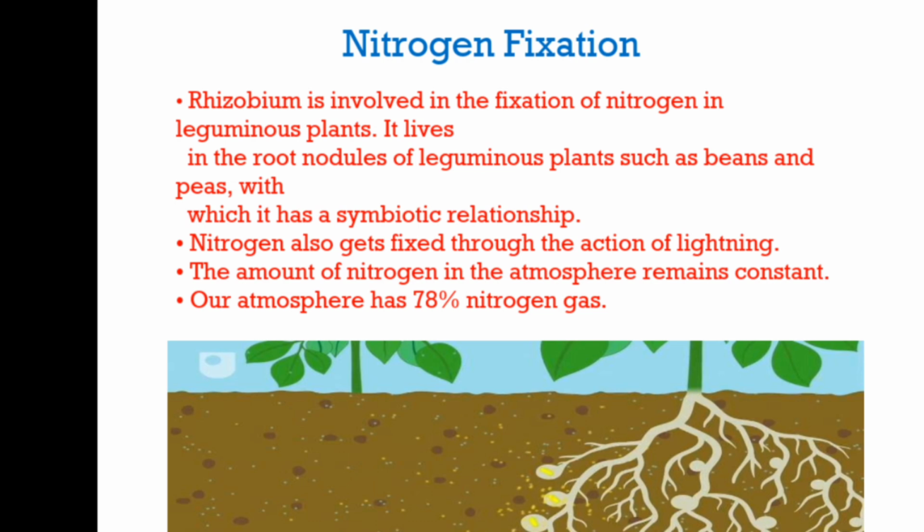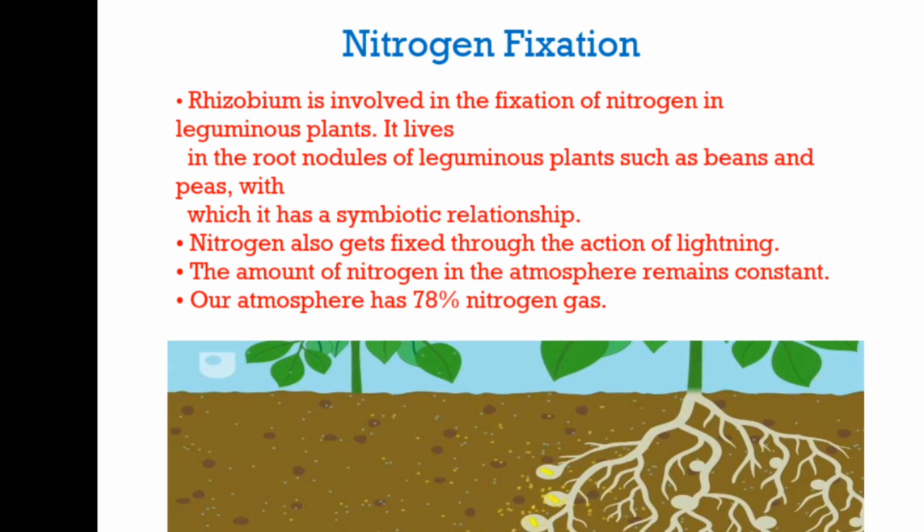Nitrogen also gets fixed through the action of lightning. So in nature, this atmospheric nitrogen is fixed when there is lightning in the sky. Nitrogen and oxygen molecules combine to form nitrites and nitrates.